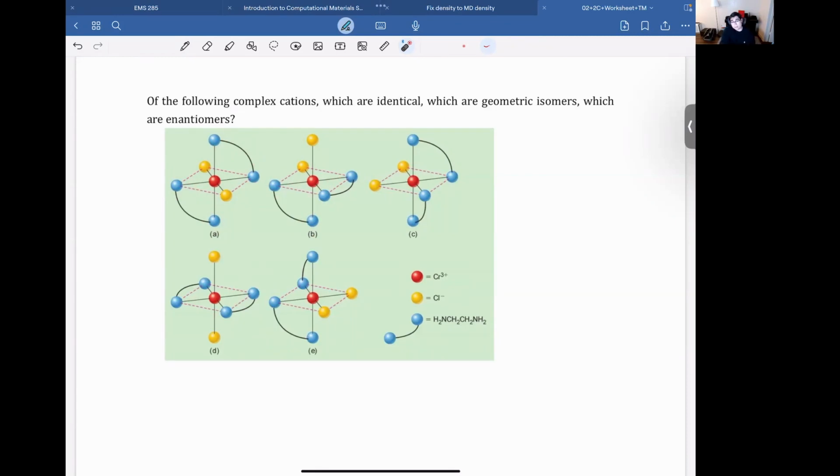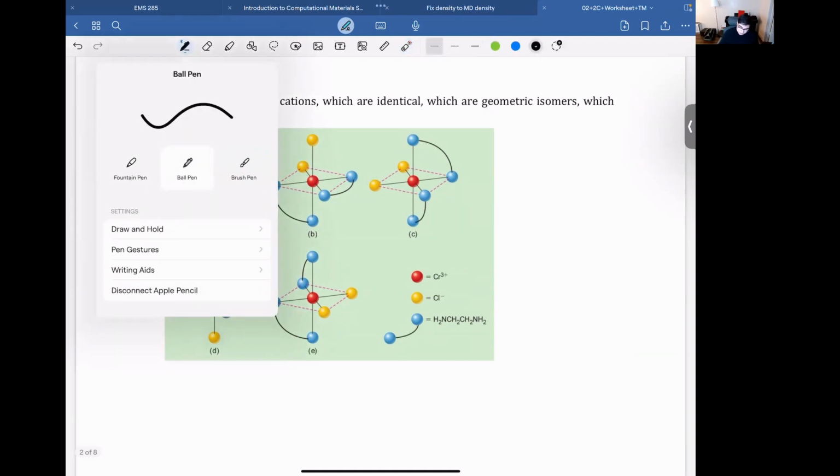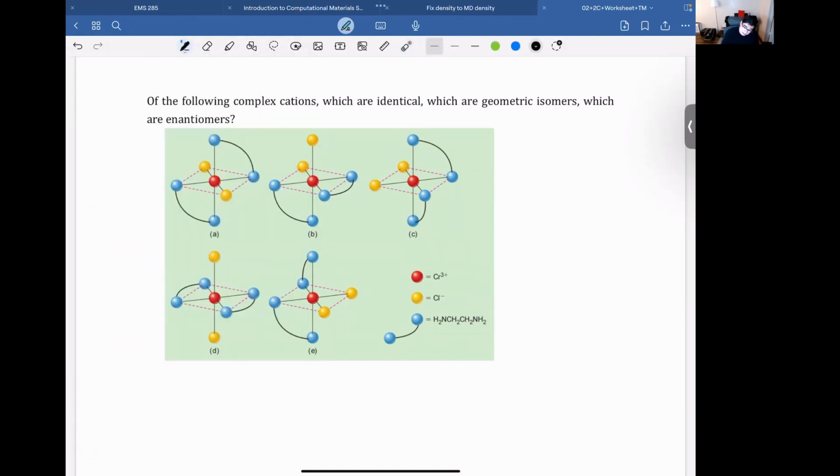So are they geometric isomers? Let's go from geometric isomers and then we'll check for whether or not they're identical. It seems to be an easier way to check. I see here that I have this cis isomerism in B, where I have these two monodentates, or these two ligands on two different axes, that are right next to each other.